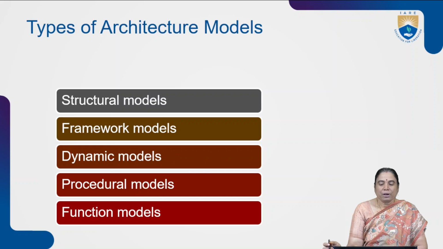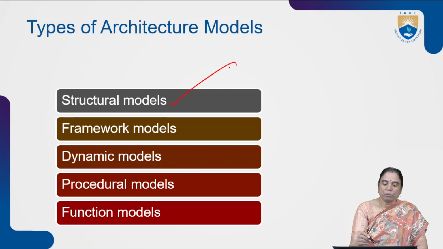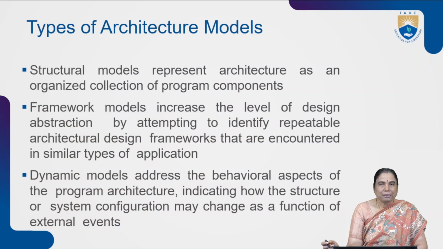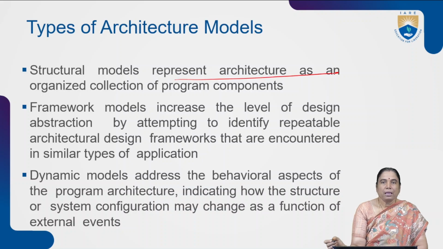So a variety of architectural models are available. They are structural model, framework model, dynamic models, procedural models, and functional models. In the structural model, we represent architecture as an organized collection of program components.